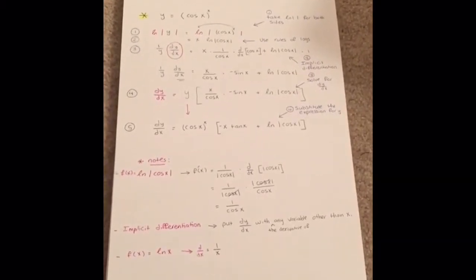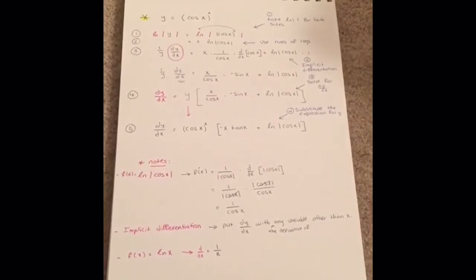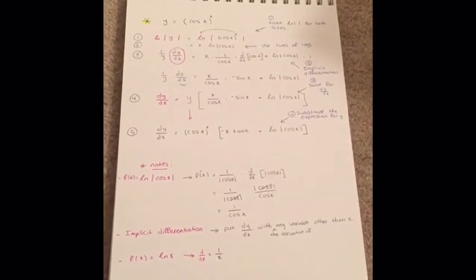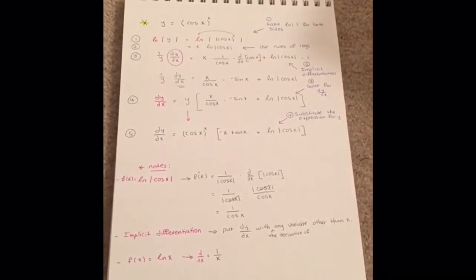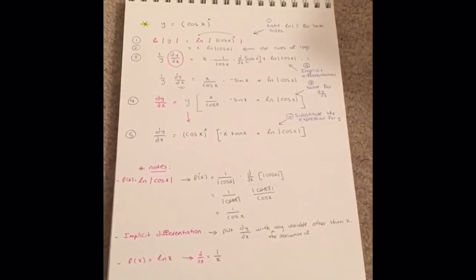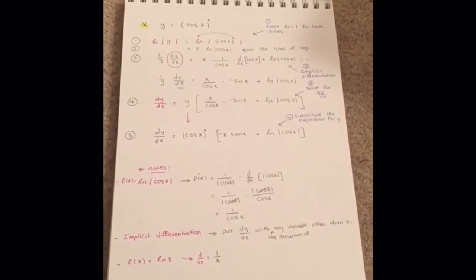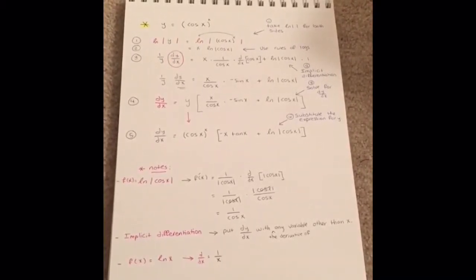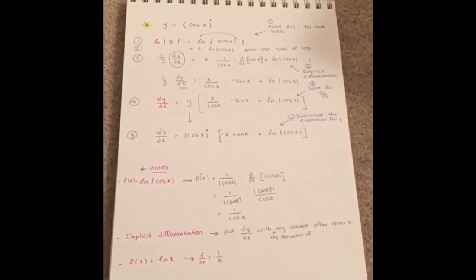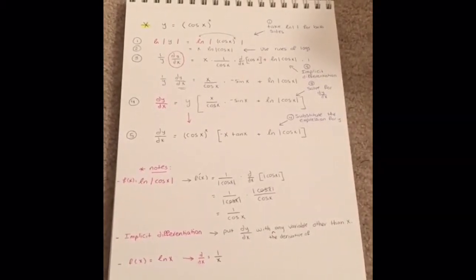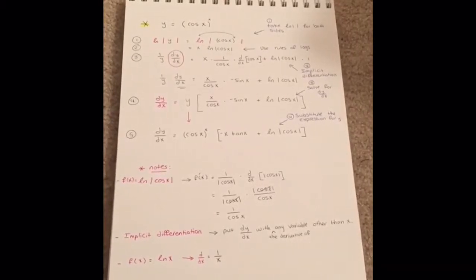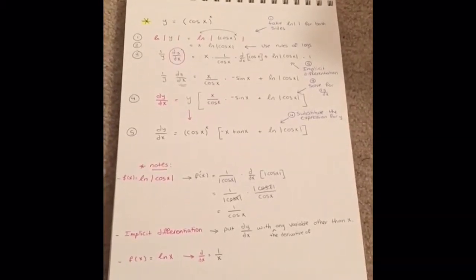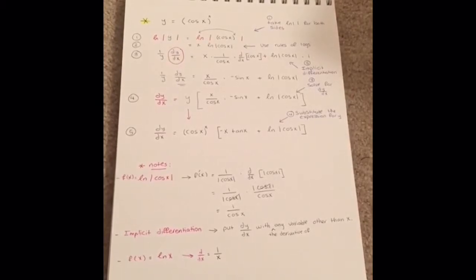So 1 over y dy dx equals, we have the product rule, so the first is x times the derivative of the second, which is 1 over cosine of x, and we will do the chain rule because it's not an x by itself, it's cosine of x, so times dy dx cosine of x, plus the second, which is ln absolute value of cosine of x, times the derivative of the first, which is 1.